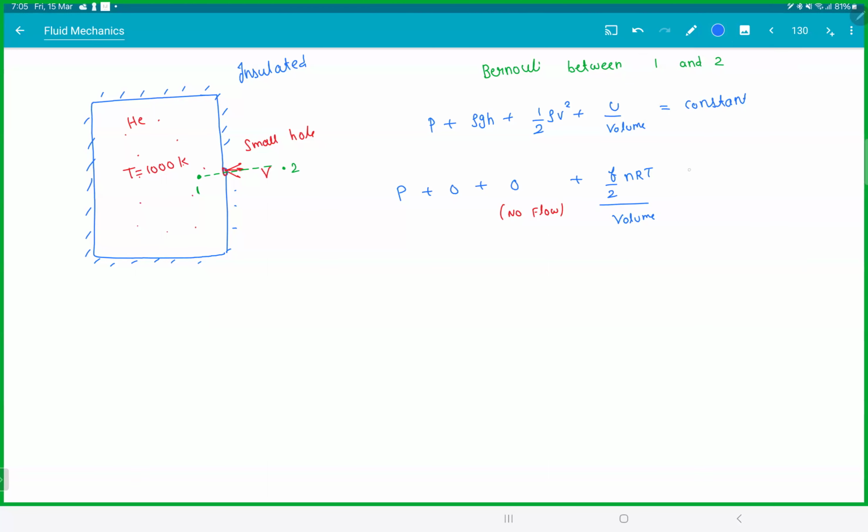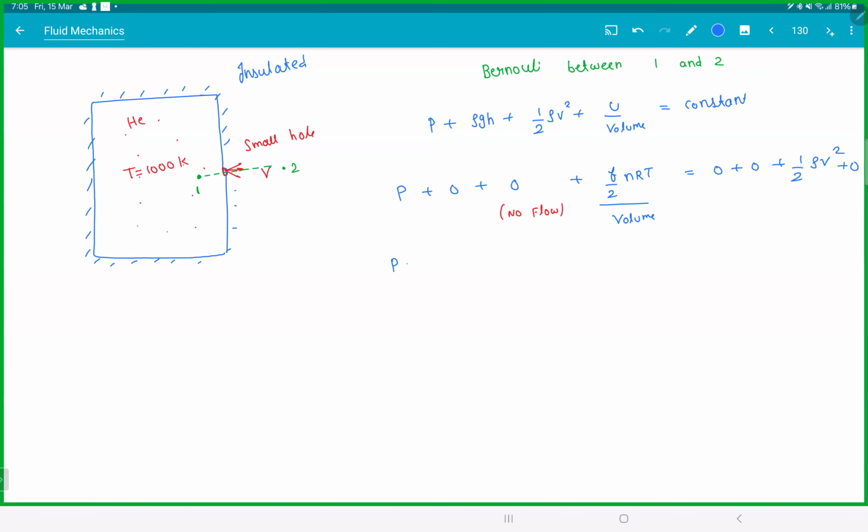H is the reference line, you can choose anything you want. So 1 and 2 are at the same height. Outside pressure is 0, height 0. This will be half rho V square and internal energy is 0. Are these terms clear?